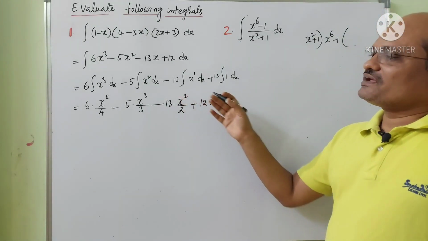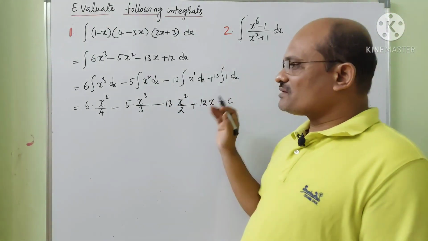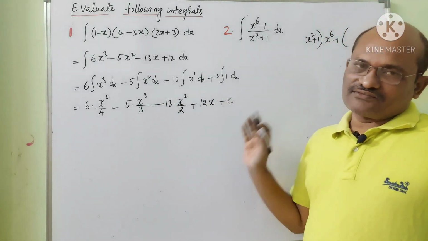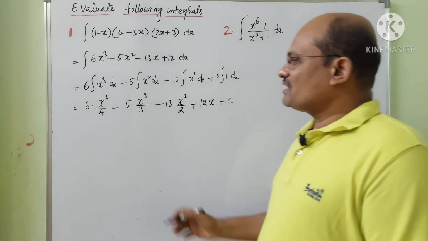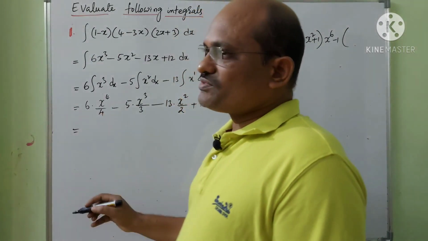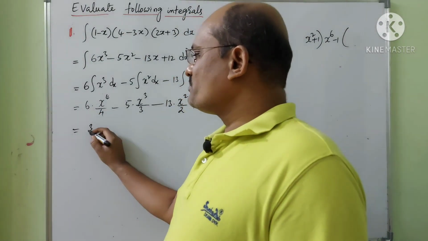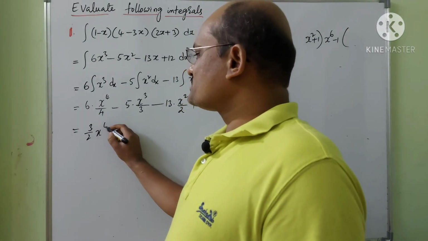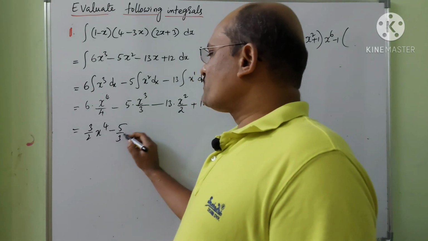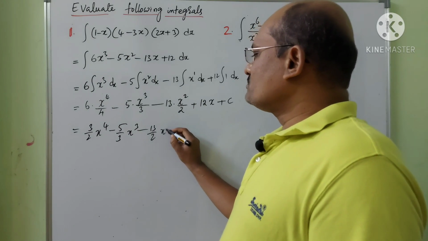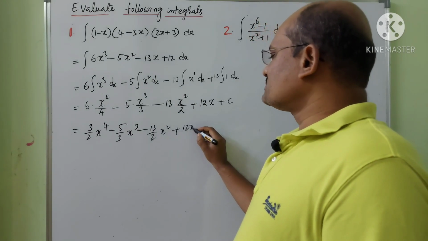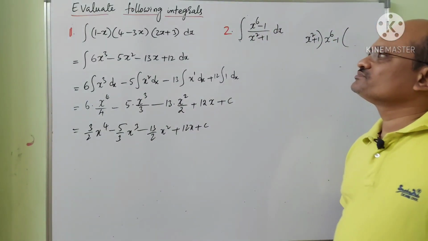So instead of writing constants for each and every term, write a constant at the end of the integral result. Now after cancellation it becomes 3 by 2 x power 4 minus 5 by 3 x cube minus 13 by 2 x square plus 12x plus c. That is the answer.